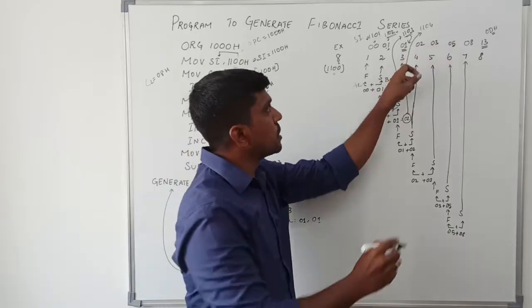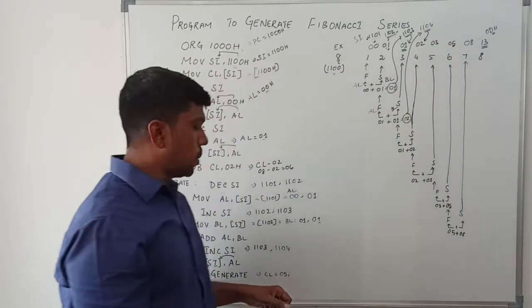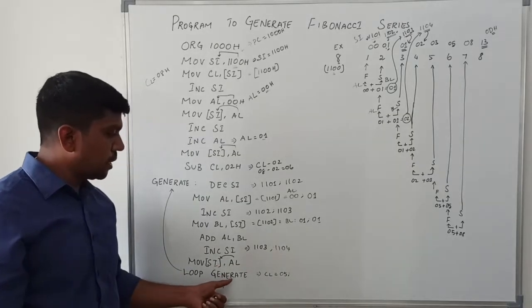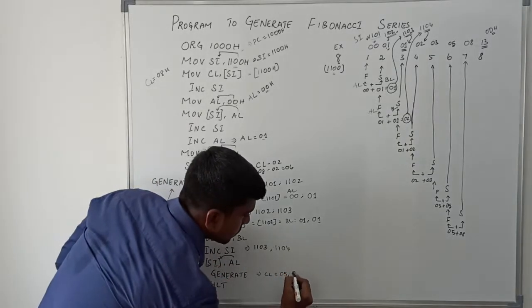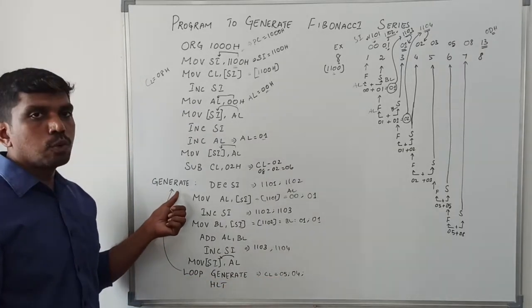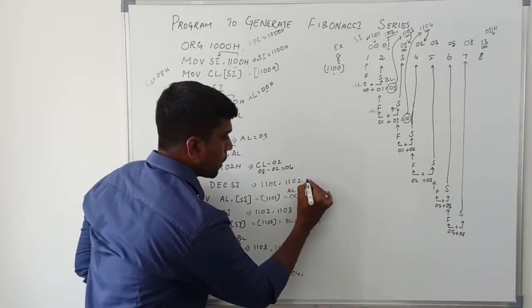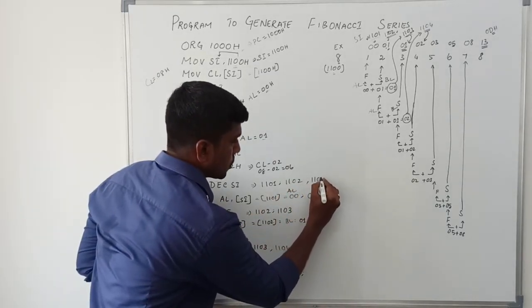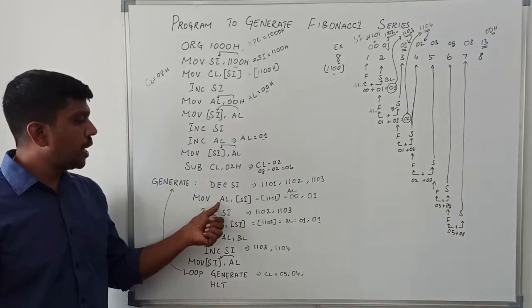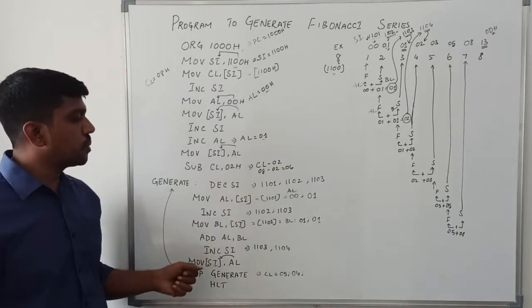After execution of this instruction, this memory location holds the data 02. Then LOOP: decrement the CL register count, then it goes to the loop label. DEC SI gives 1103. Then MOV AL, [SI]. Whatever value is present in SI, that content is transferred to AL.